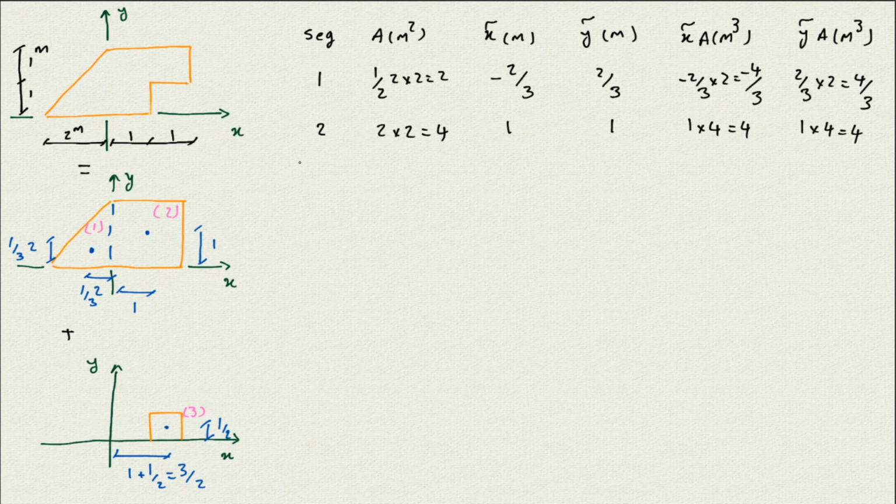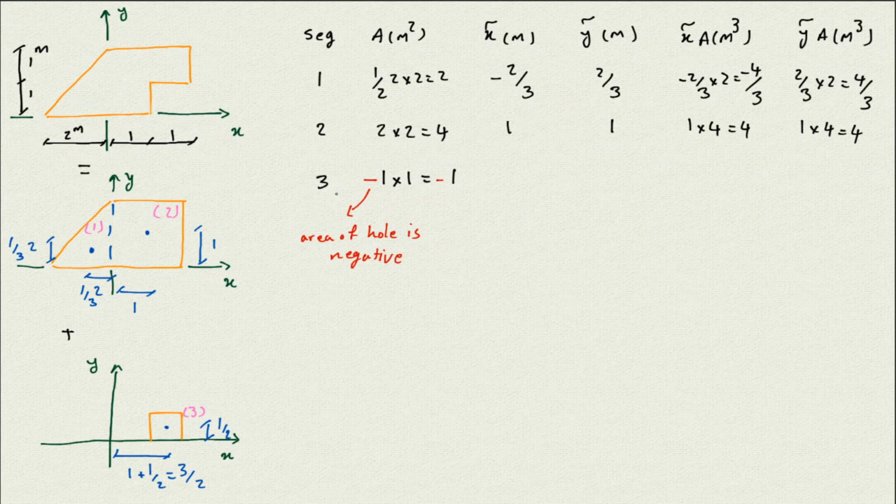And then for segment 3, the area of that segment is 1 by 1, but we'll put it as negative, and that negative is because that's the hole. The area of the hole is negative, so we put the negative sign there, so it's equal to -1.